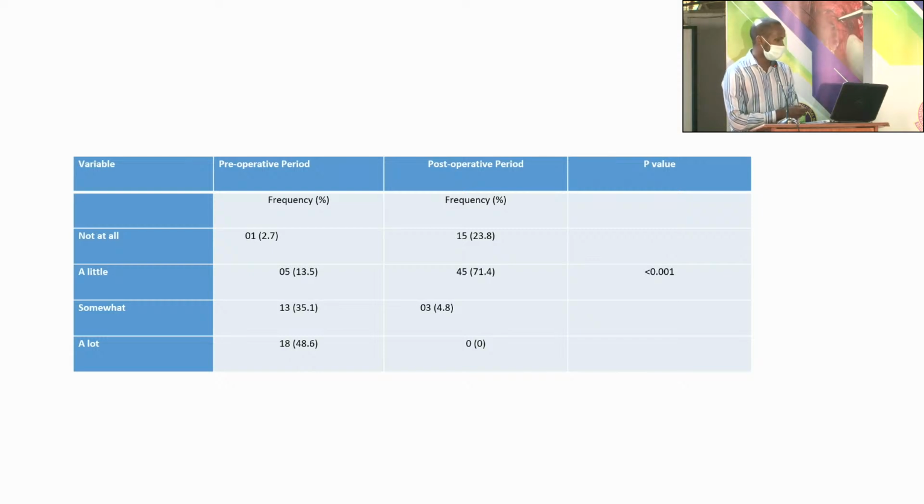Just take one example of a question that we assessed, and that's frequency. As you can see, preoperatively, most of the patients had a score of between 4 and 5. And postoperatively, the majority of the patients had a score of 1 and 2.